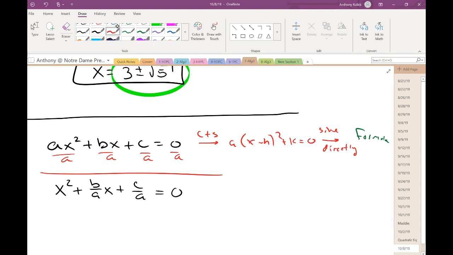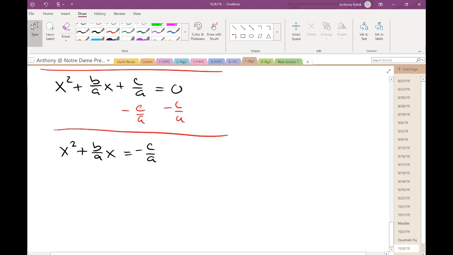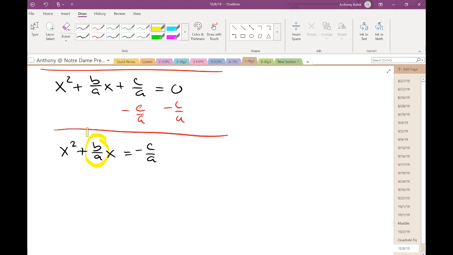The next step in our completing the square process is we wanted to move that constant term to the other side. So I'll just subtract both sides by c over a. The next step is that I'm going to add b over a divided by 2, squared, to both sides.